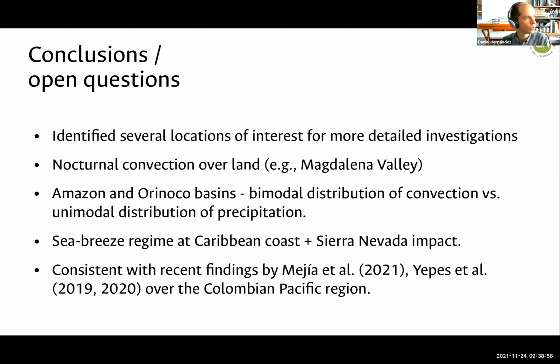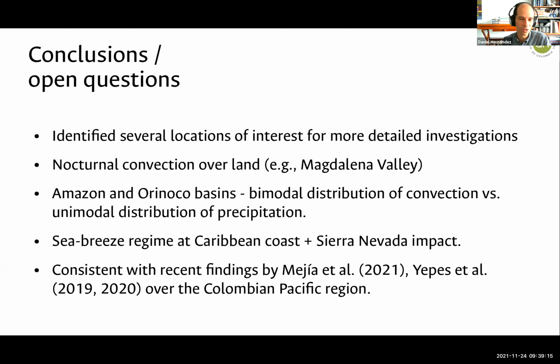Models tend to, from what I know, I haven't done it myself, but what I know, they tend to reproduce the larger scale features relatively well, like this peak of convection along the Pacific coast, which is the most prominent one.